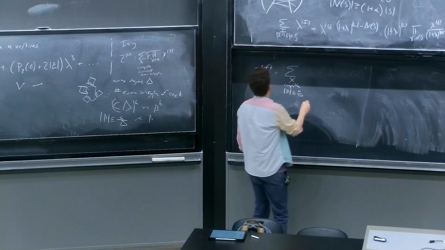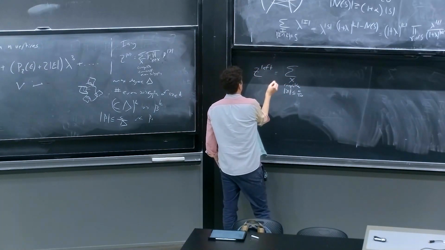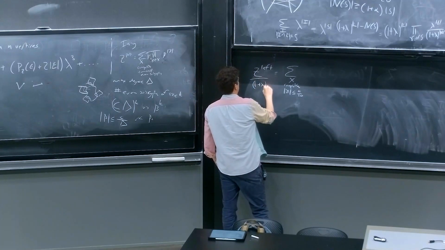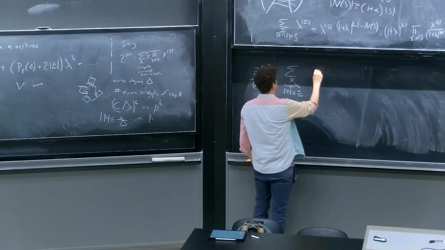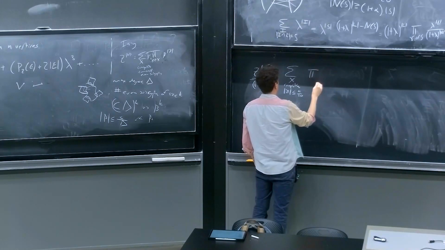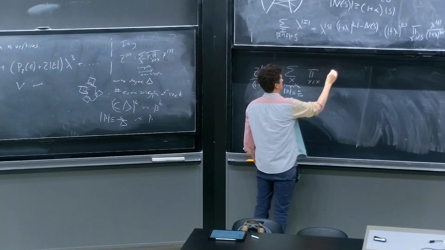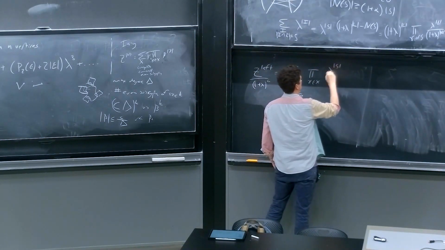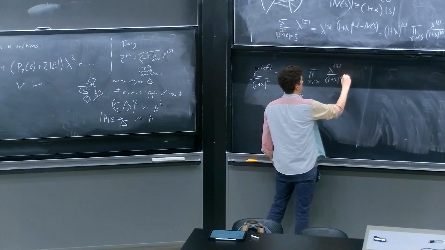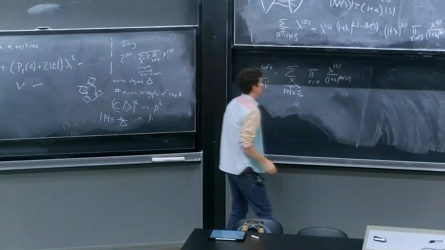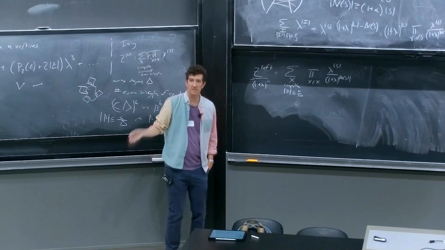And then the same thing: 1 plus lambda to the L, and then we have the product of gamma of x. Then I can define the same for Z right.